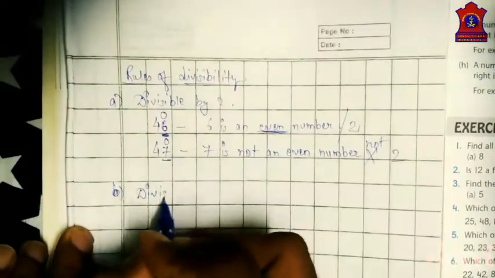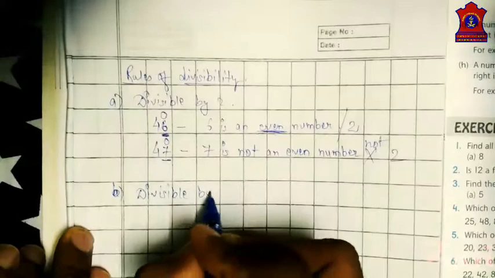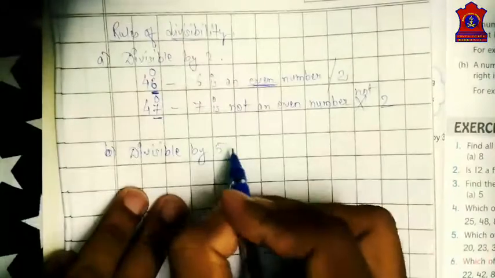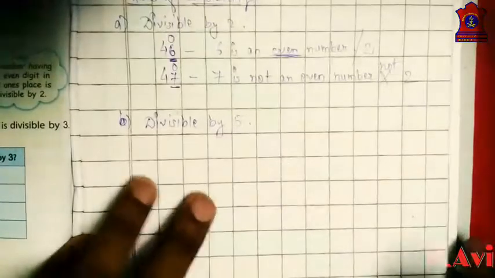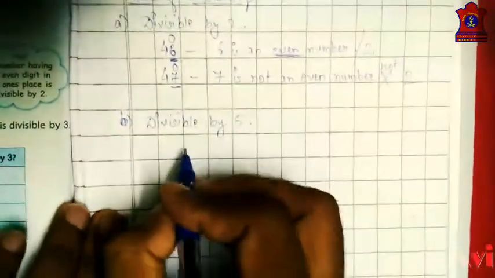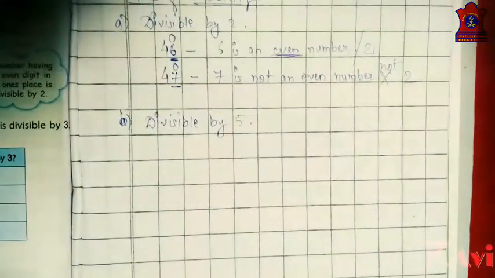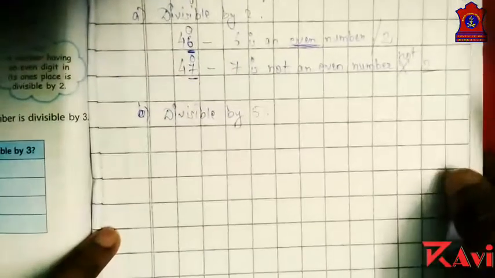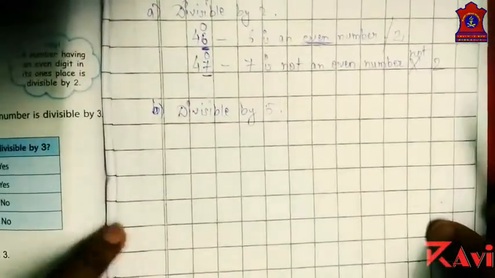Clear? Understood? Similarly, next divisibility is divisible by 5. Say for example, if a number has 0 or 5 in its ones place, you can say that that number is divisible by 5.